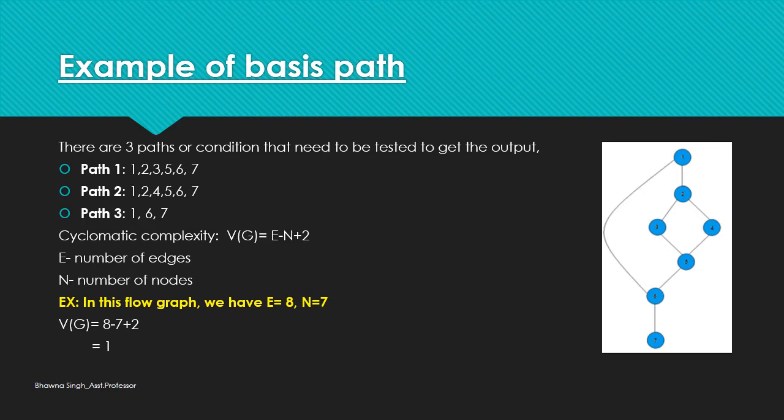We have 8 edges in this flow graph, and we have 7 nodes. So like this we calculate the cyclomatic complexity as number of edges minus number of nodes plus 2. In this flow graph we have 8 edges and 7 nodes, so the cyclomatic complexity comes to 1.